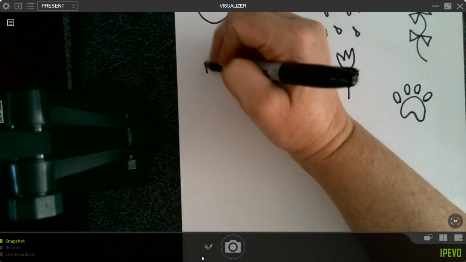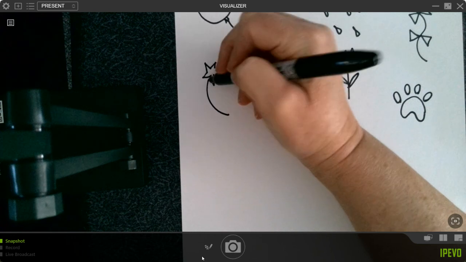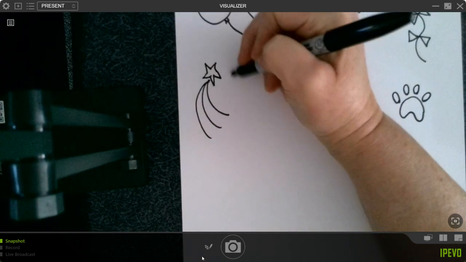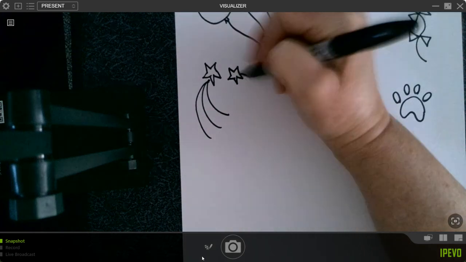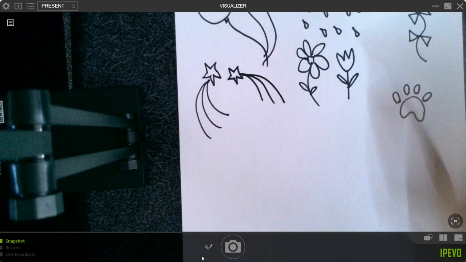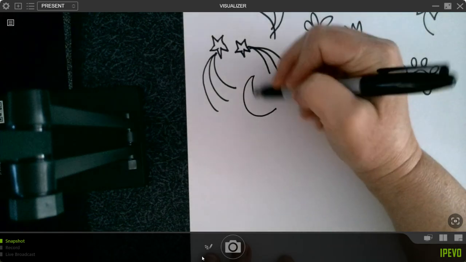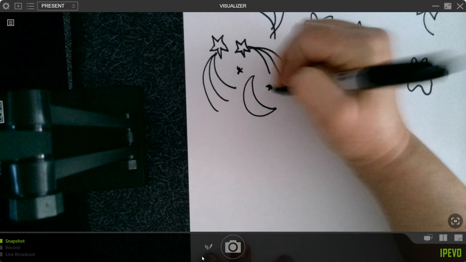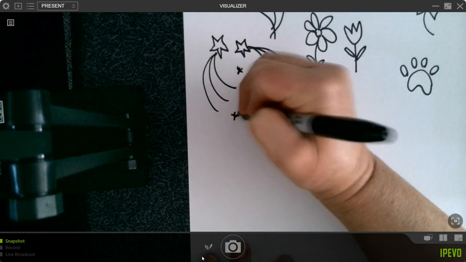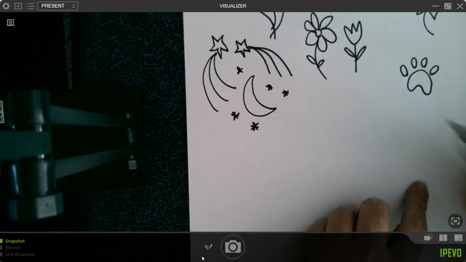And shooting stars. I'm going to add the moon. And a few more stars. Now I think I'm going to add the sun.